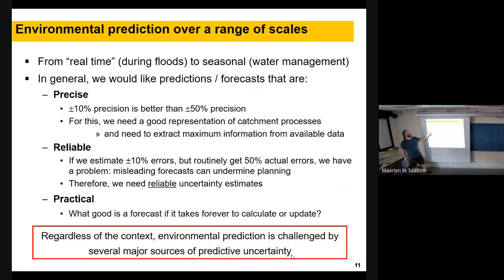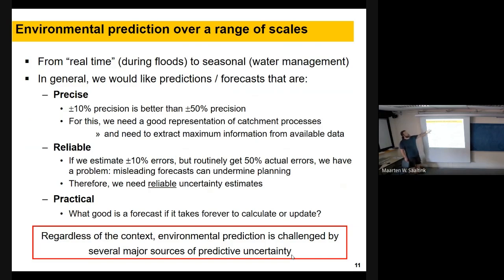A prediction with, let's say, 10% uncertainty is generally going to be more useful than a prediction with plus or minus 50% errors. So here we're looking at essentially the magnitude of uncertainty. And if we want to improve the precision, generally speaking, we will need to improve our representation of the catchment processes and extract most of the information from the data that we have when we set up the model.